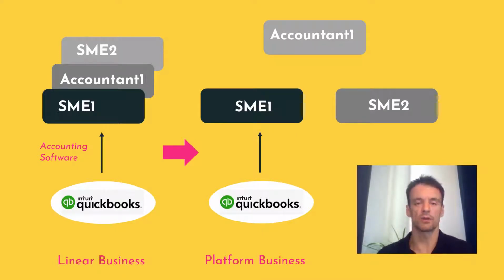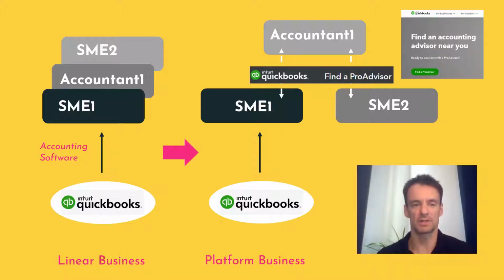And at some point, Intuit realized, wait a second, we're actually in a very good position because both the accountants and the small businesses are using our product. Why shouldn't we make it easier for them to find each other within our product? Obviously, it makes the product more valuable. So they create a matchmaking feature, which, for lack of a better metaphor, you can think of as like Match.com or Tinder between accountants and small businesses, complete with profiles.